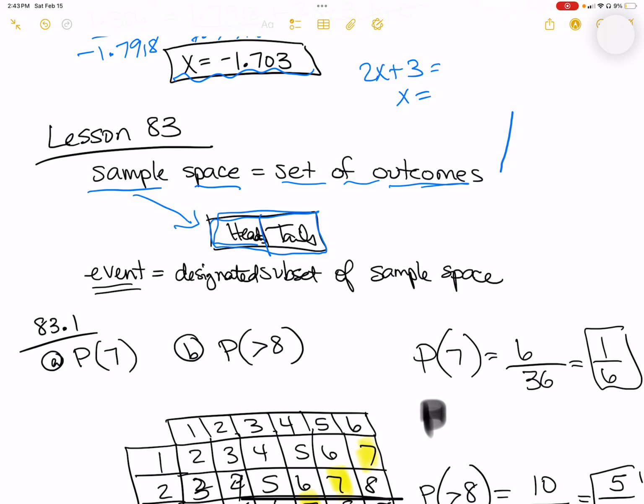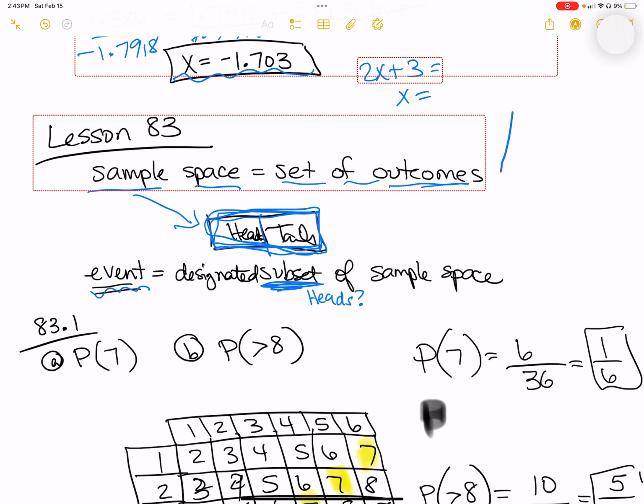This is the set of all possible outcomes, okay? Then the event is what we're looking for. So I might say, how many times can I get heads if I flip a fair coin? Okay, so that's the subset I'm looking for. I'm looking for heads, right? How many times can I get heads when I flip that coin? What are the odds of me getting heads when I flip a coin, okay?